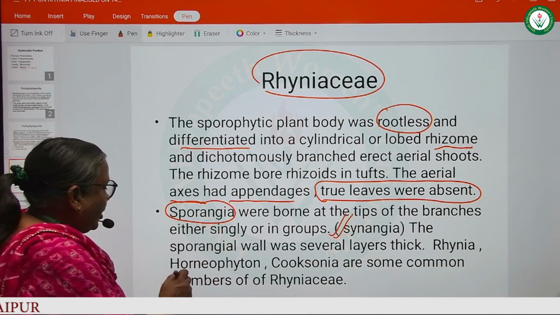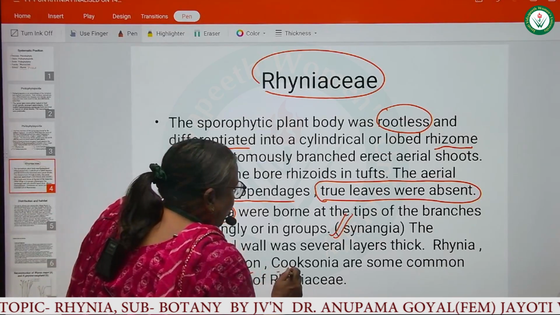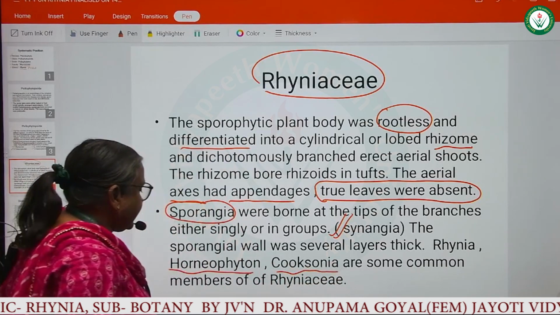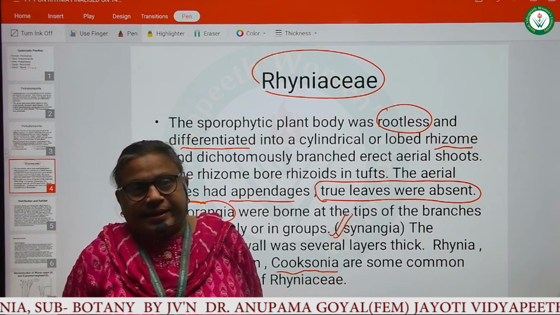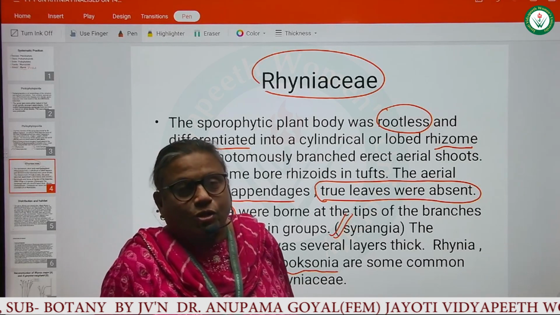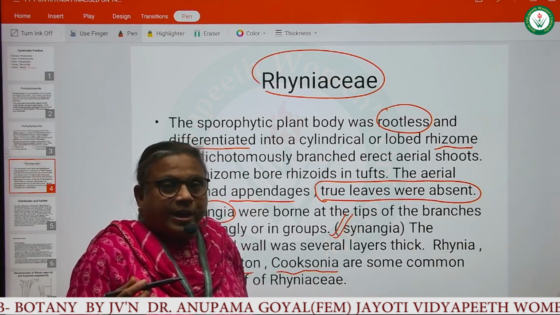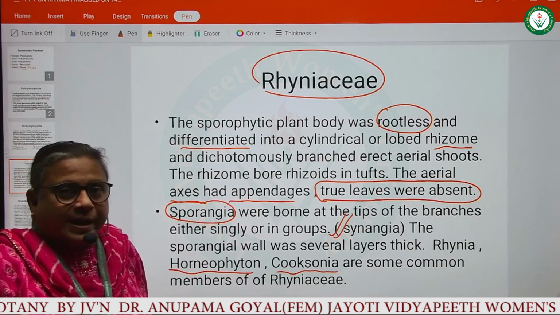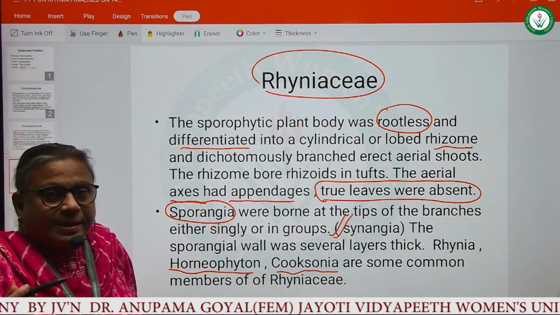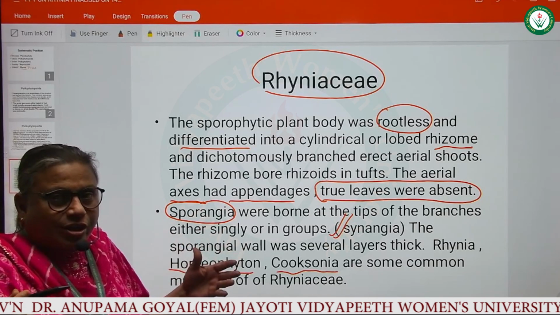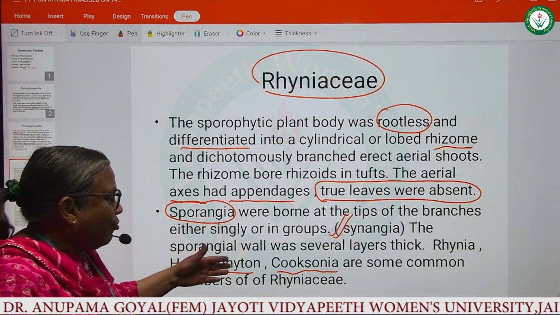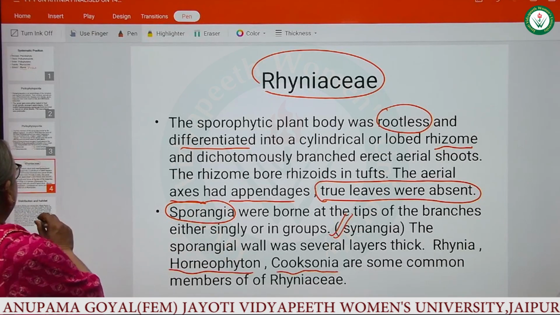Rhynia, Horneophyton, Cooksonia are some common members of the family Rhyniaceae. So students, the question arises, name the members of the family Rhyniaceae. One of the members is Rhynia. Other genera or members are Horneophyton and Cooksonia.